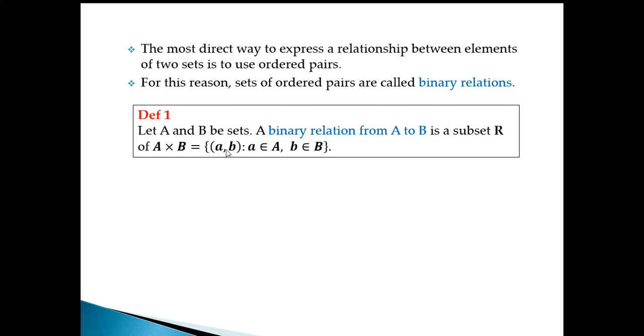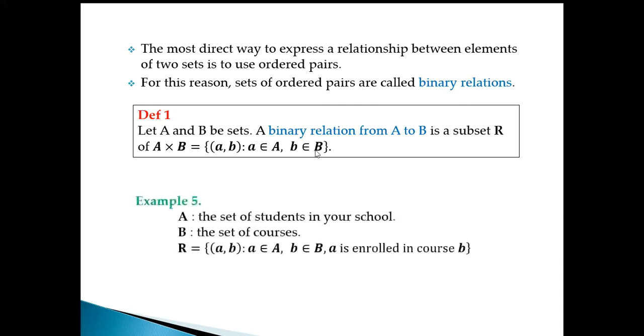And what is A cross B? It has ordered pairs of elements where the first element belongs to set A and the second element belongs to set B. Now we take an example of how to define a relation between two sets A and B. Suppose set A is the students of your school and set B is the set of courses.